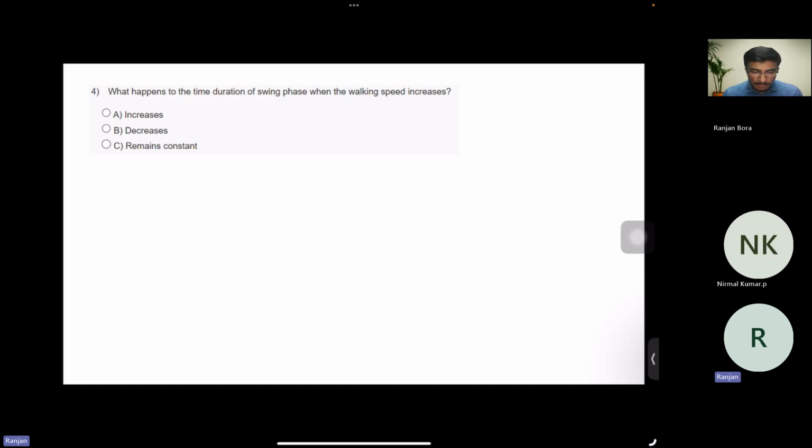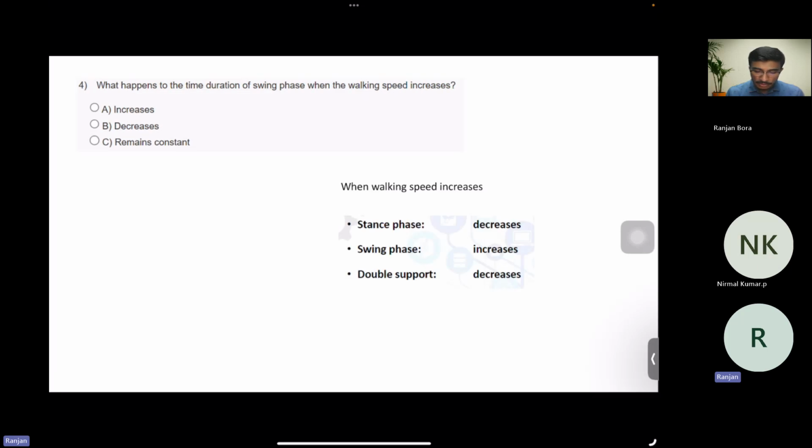If the walking speed increases, then you can see the time duration is shown here. Time duration of stance phase decreases, swing phase increases, and double support phase decreases. So it is asking the time duration of swing phase. So time duration of swing phase increases. Option A is correct.